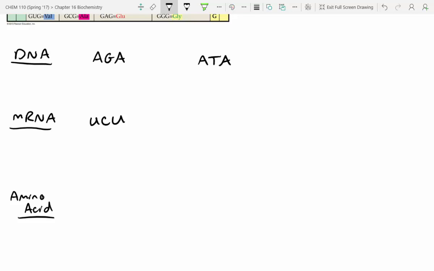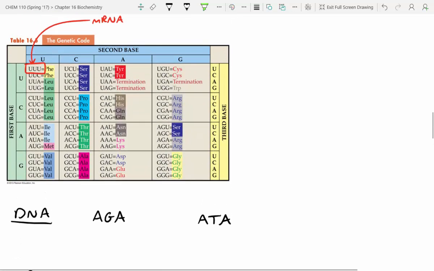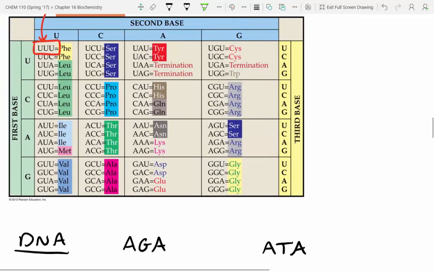All right, so now we've got to go to our table to figure out what amino acid is coded for with UCU, right? So we go up, and we'd say, all right, our first base is going to be a U, so we know it's got to be in that row. Our second base has got to be a C, so it's going to be in this row.